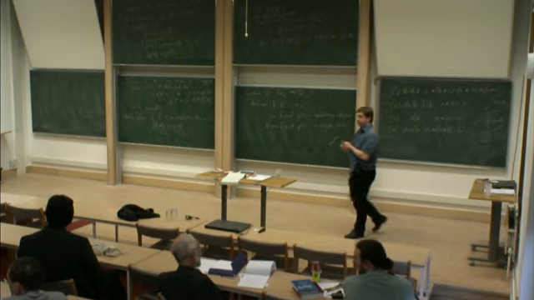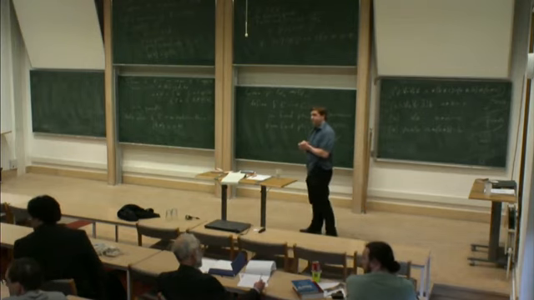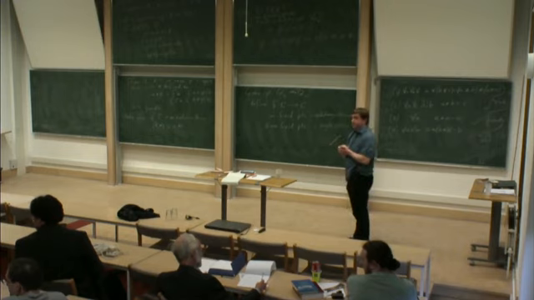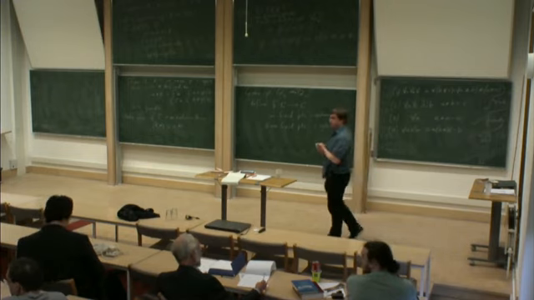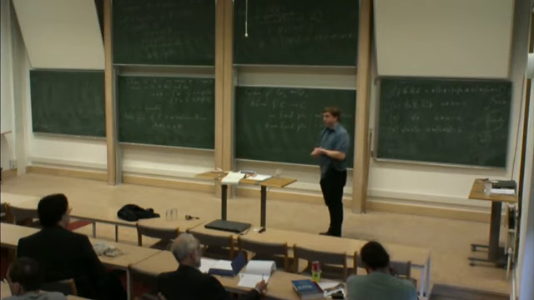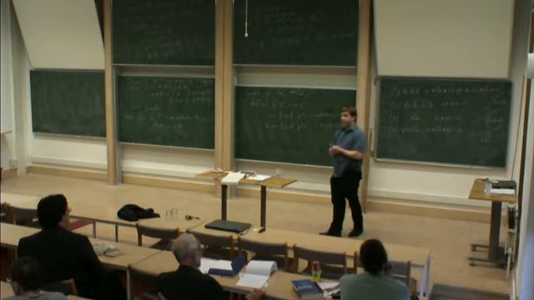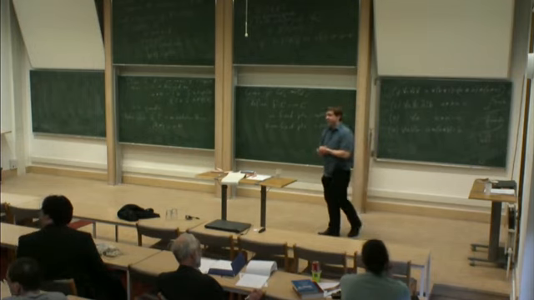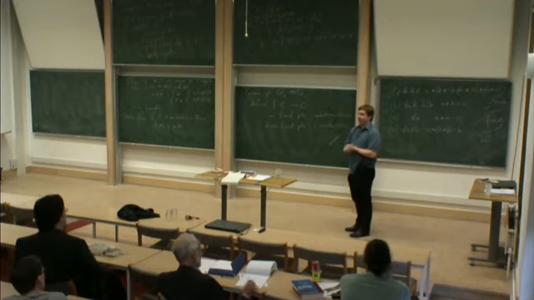Back to this question about quandles. So these quandles that appear in knot invariance are finitely presented as well. Finitely presented, yes. So there are, yeah, not actually that many.